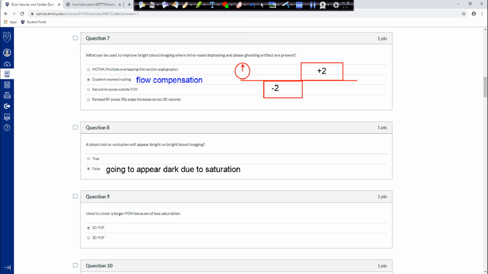So think of 2D time of flight as going up the carotids with slices. And our 2D slices have a gap between them. Compared to a 3D time of flight, which is what we call a slab.